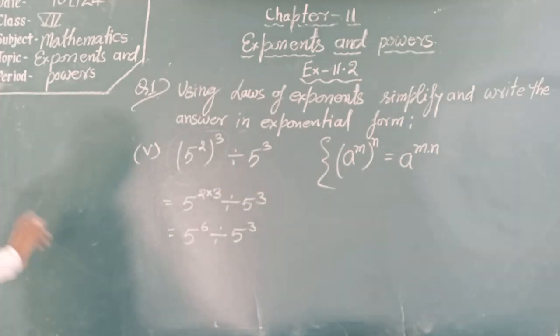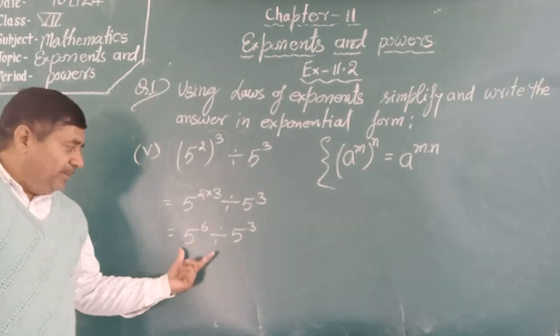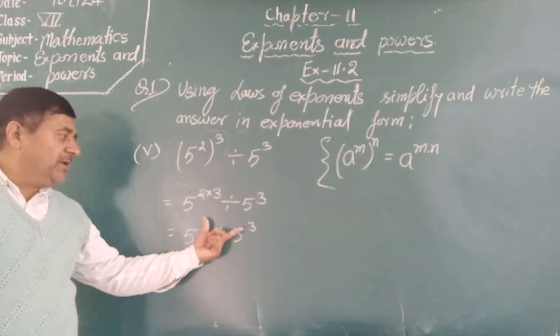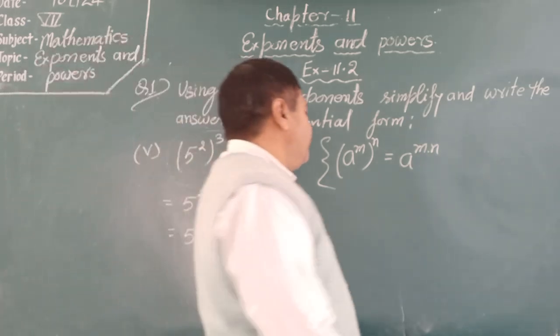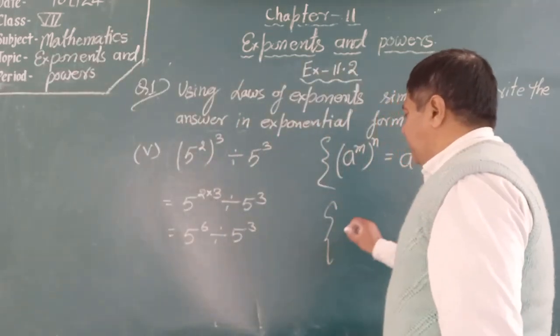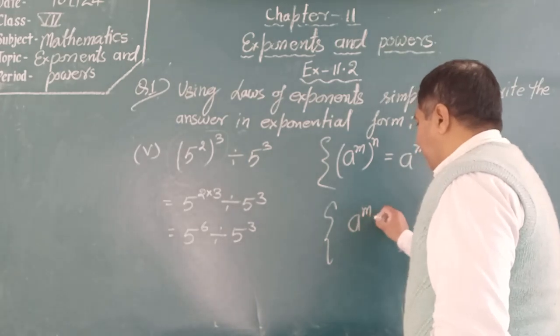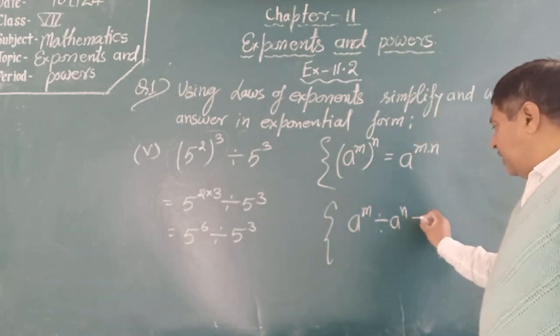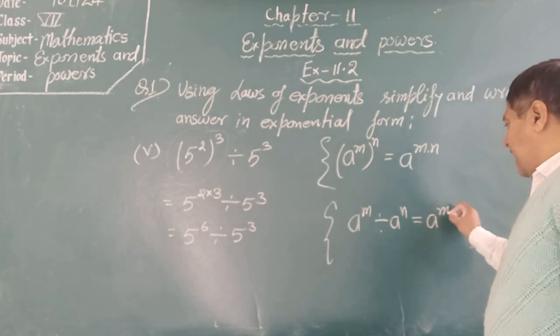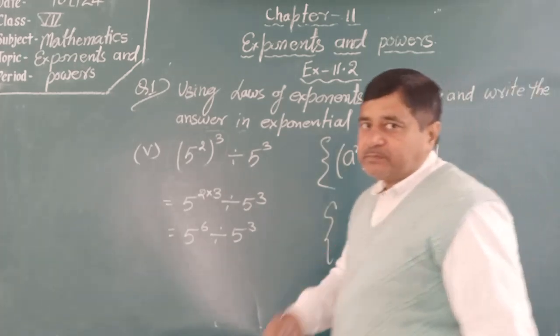Now again the bases are the same but the exponents are different, so we follow the division law: a to the power m divided by a to the power n becomes a to the power m minus n.